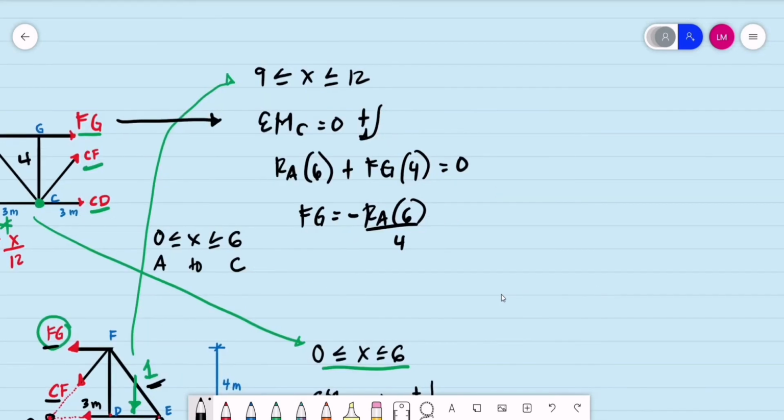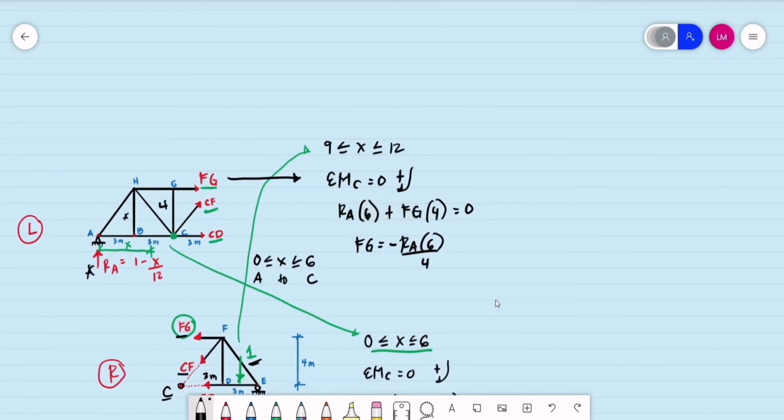Now we are to substitute the equivalent of RA, the vertical reaction at A. The axial force for FG is equal to R sub A, which is 1 minus X over 12, multiplied by 6, divided by 4, and again, this is supposedly negative.